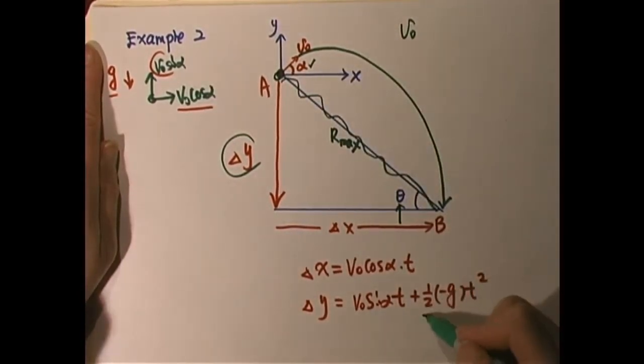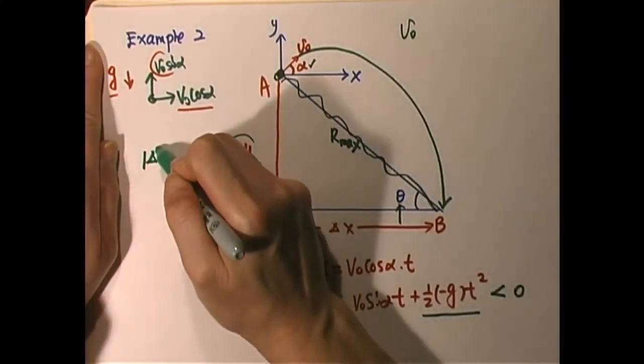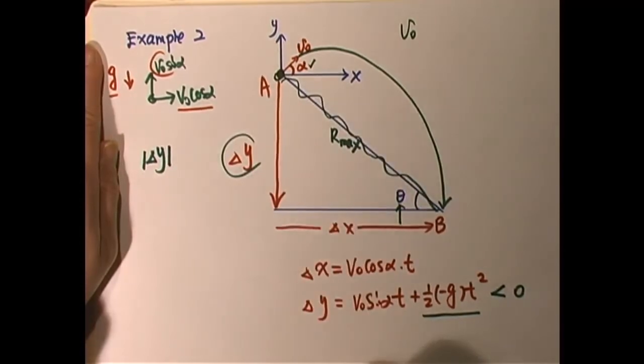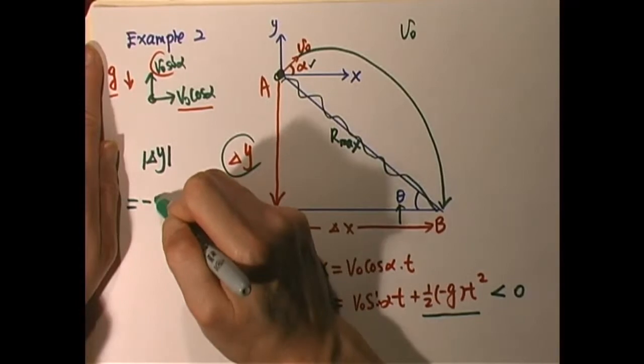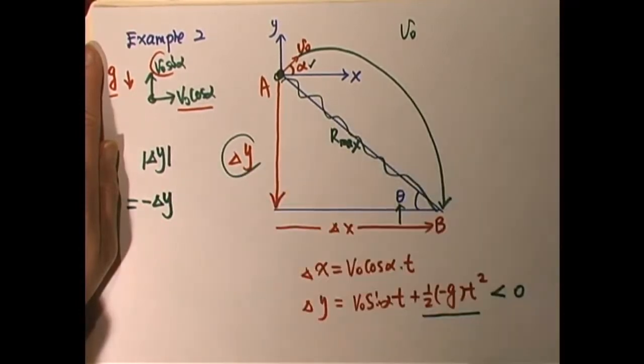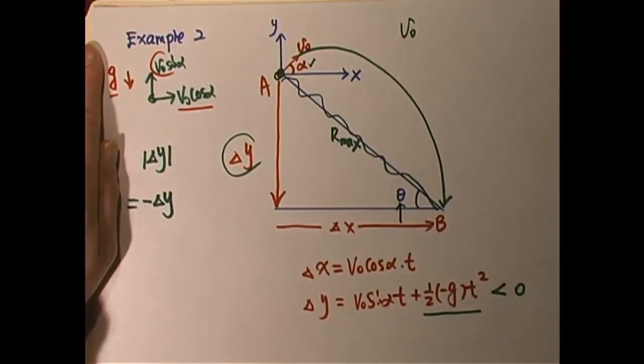So the second term, the negative term, is big, so eventually the result delta y is negative. Delta y is a change of position that is negative, so the absolute value of delta y is positive. Or we can negate this delta y and it becomes positive, right? Agree? Because delta y itself is negative.